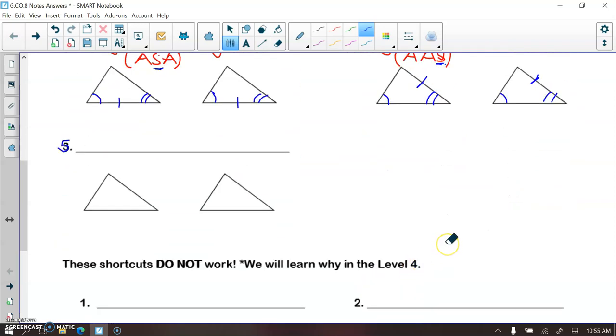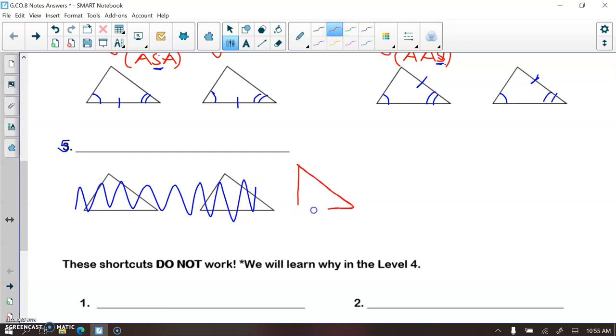And then the last one, I have it fixed on yours, but these are right triangles. And so this theorem can only be used for right triangles. And it is called the HL Congruence Theorem.